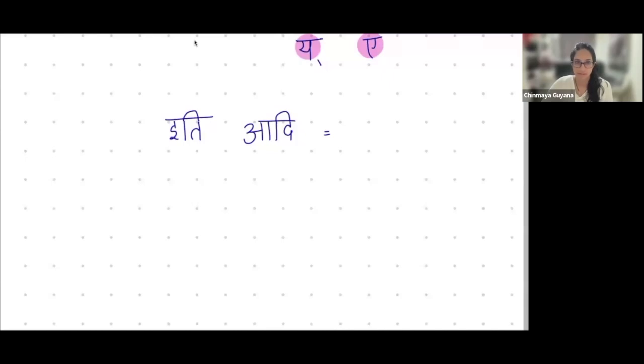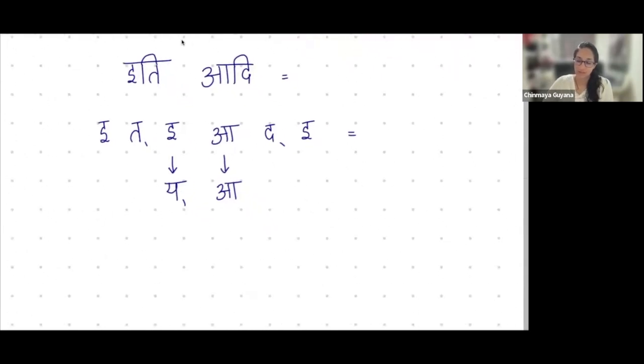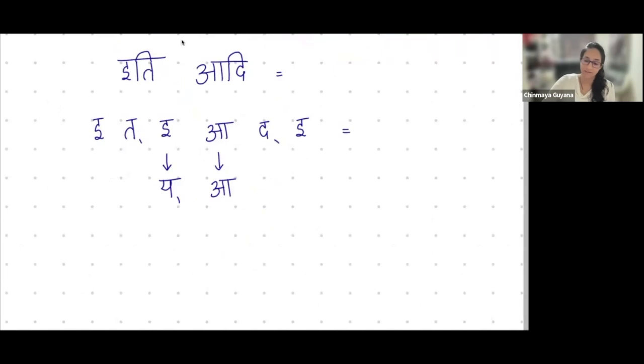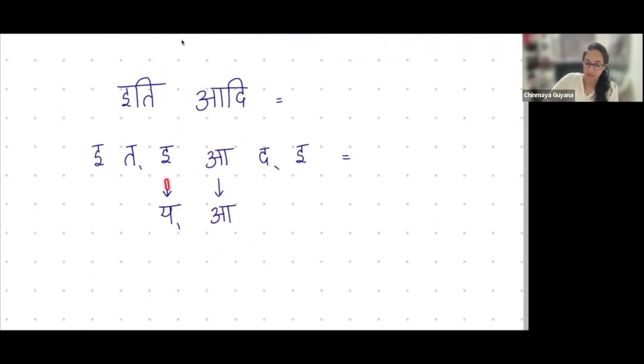Everyone got it? Okay. Here you have iti adi. The i is going to turn into a y, and the a is going to remain a.